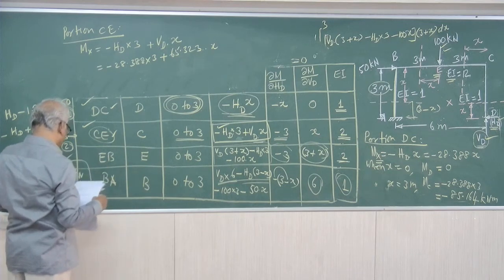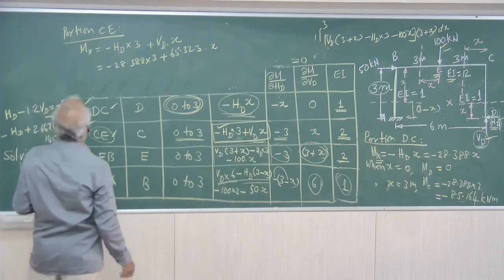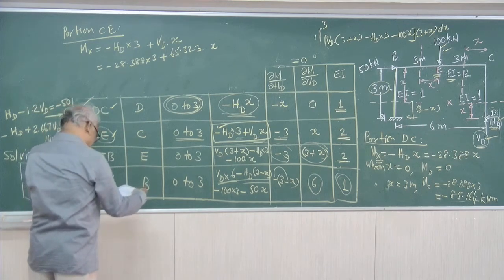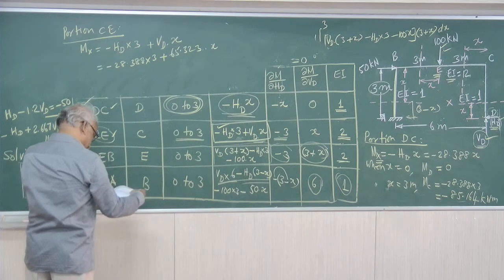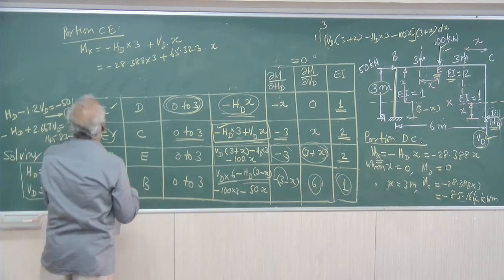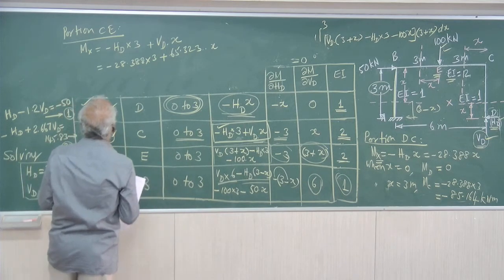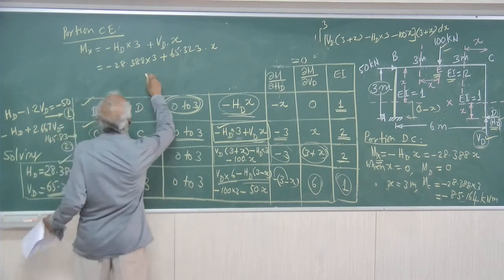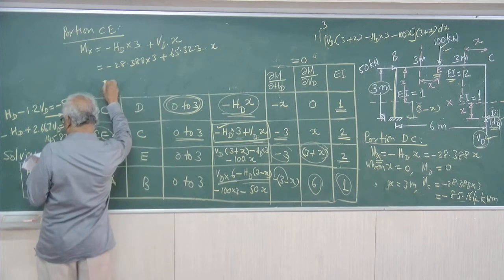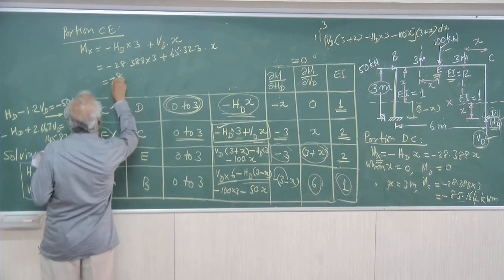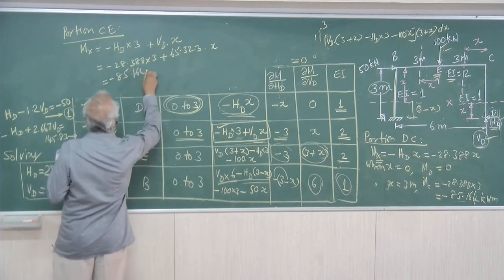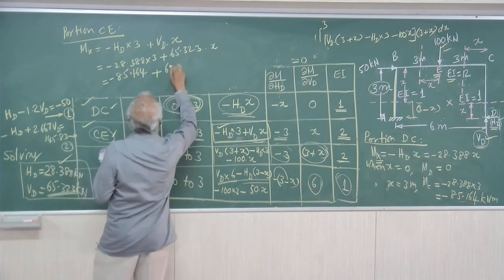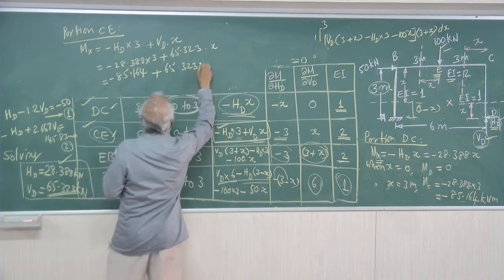Right. Now, in this equation, x is the only variable, so this value equal to minus 85.164 plus 65.323 x.